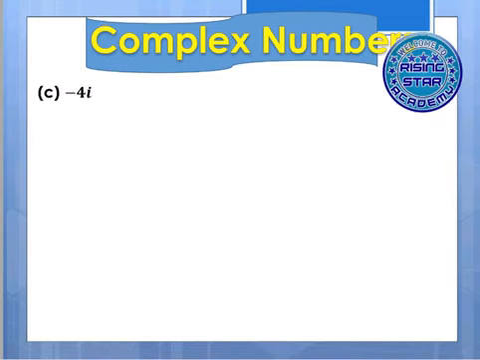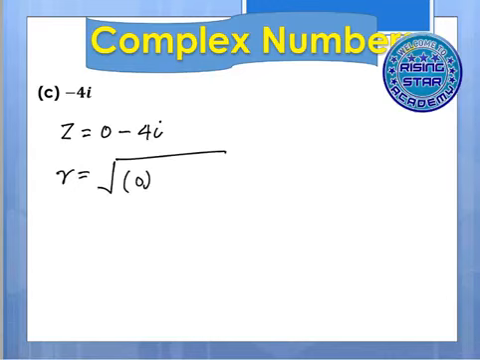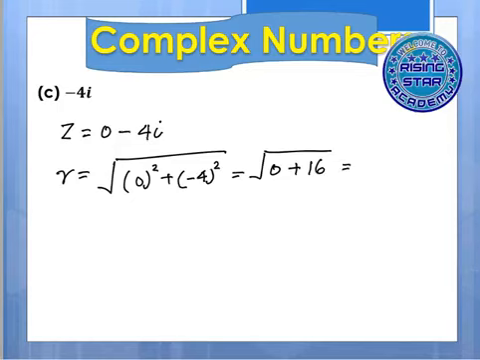In this problem, let z equal 0 minus 4 iota, because the real part is 0, so only the imaginary part is given to us. So let's find r. So 0 square plus minus 4 square, that would become 0 plus 16. So square root of 16 is equal to 4.